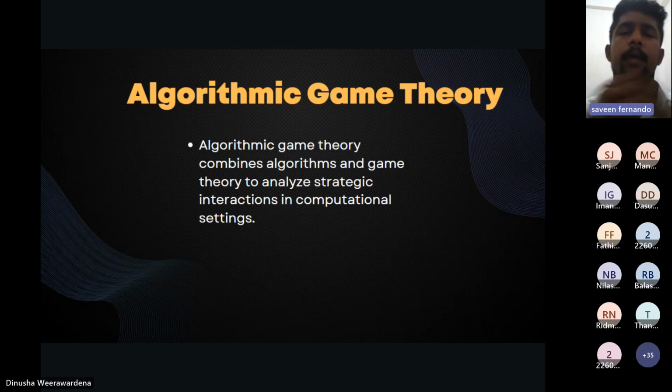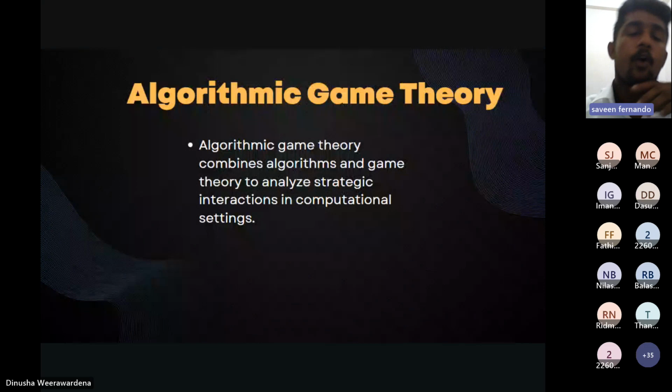We use fancy math and computer science to understand how they think and what choices they should make. Algorithmic game theory helps us understand these strategic interactions between players and how their choices influence the overall outcome of the game.